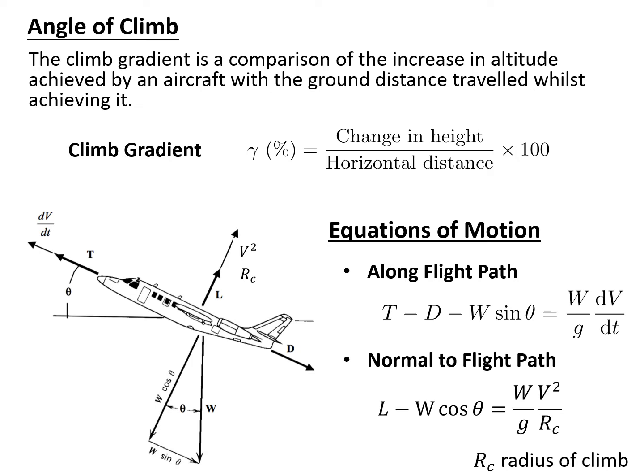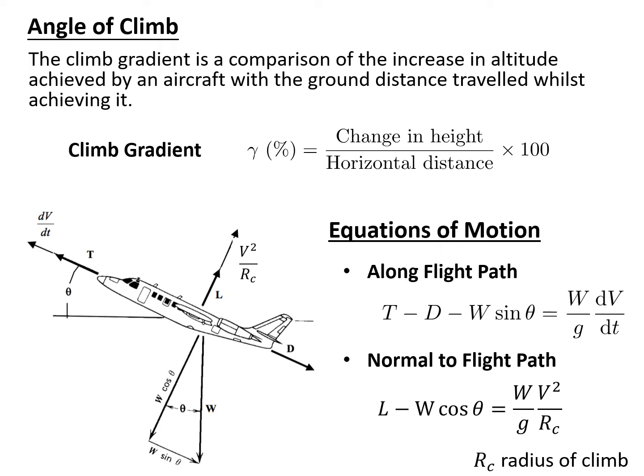In order to do the calculation, we first need to see the equation of motion. I've actually seen this equation before, and we have this aircraft in the climbing position. It's pitching nose up along the climb path, and the pitch angle is theta.